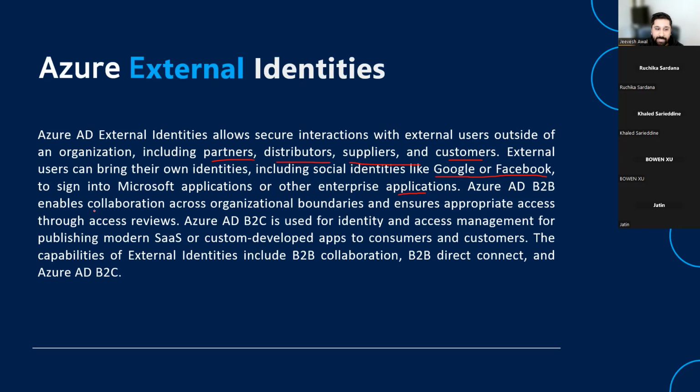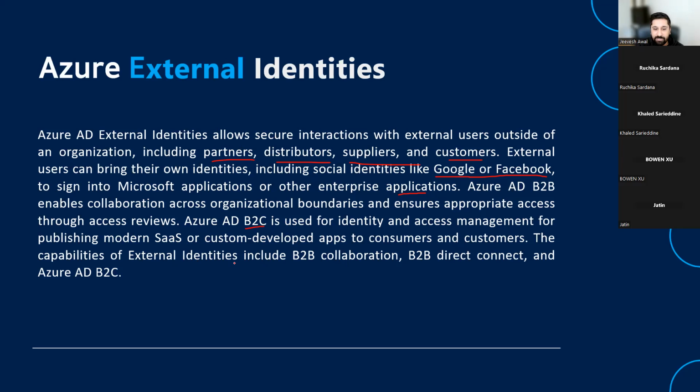Azure AD B2B enables collaboration across organizational boundaries and ensures appropriate access through access reviews. Azure AD B2C, that's business to consumer, is used for identity and access management for publishing modern SaaS or custom developed apps to customers and consumers.